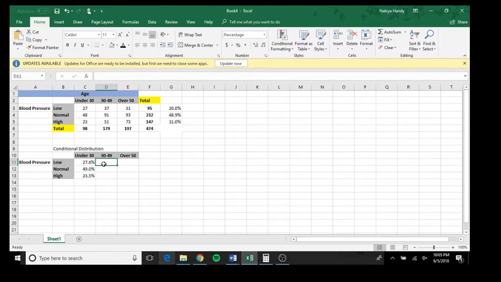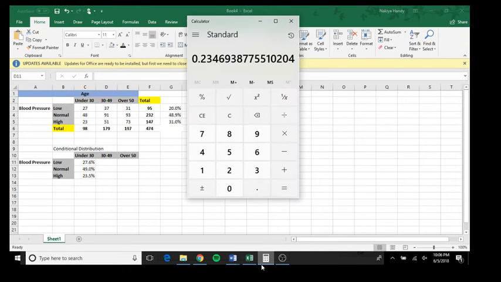So now that we have that, we're going to do 30 through 49. So we're going to do 37 divided by 179, and we're going to round that out to 20.7%.